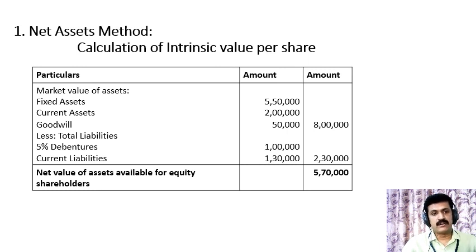From that we have to deduct total liabilities due to outsiders, that includes 5% debentures and current liabilities. Debentures 1 lakh, current liabilities 1,30,000, total 2,30,000. So 8 lakhs minus 2 lakh 30,000 comes to 5 lakh 70,000. So that can be treated as net value of assets available for equity shareholders.